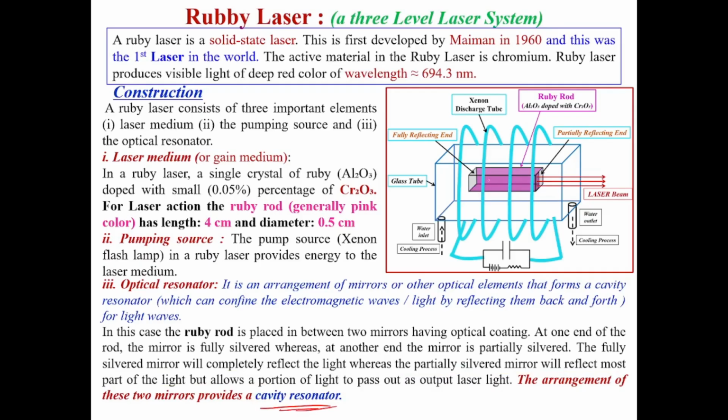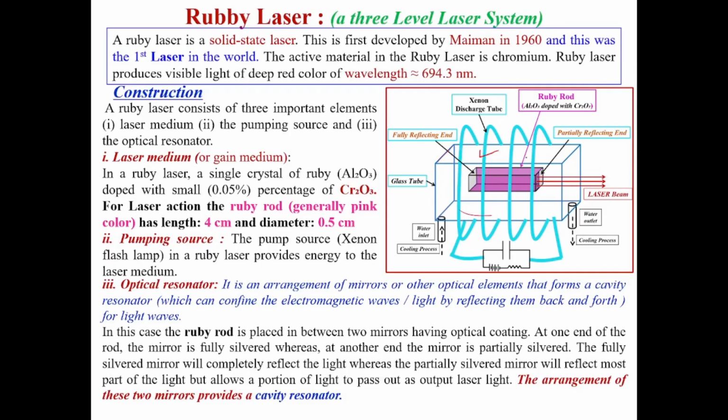Here I am going to shortly explain this diagram. This is your ruby rod, that means an Al2O3 single crystal doped with only 0.5% chromium, so its color is pink. This rod is kept in between the two mirrors, one fully silvered or fully reflecting and another partially reflecting, and this ruby rod is kept inside a vacuum tube.